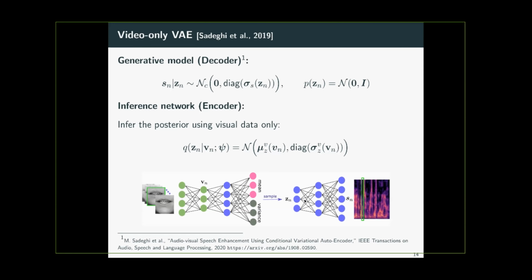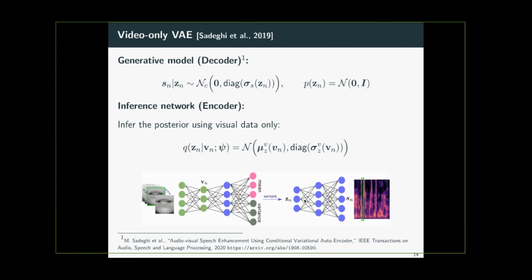So now, we started thinking how to put this together. A very simple way to do that is concatenating audio and vision. When we were checking the literature, we saw that the architecture that was most convenient for that was the so-called conditional VAE.